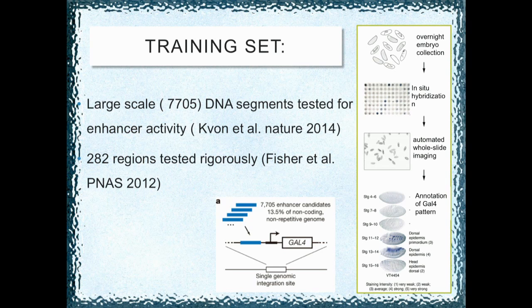We also had 282 regions tested at very high quality by Sue Celniker's group, and those also had a high number of enhancers. Altogether, I had close to 8,000 DNA segments, out of which 800 were enhancers at stage 5.